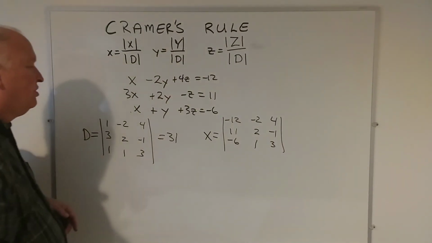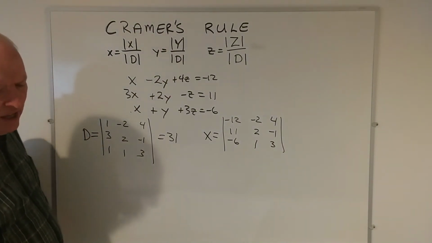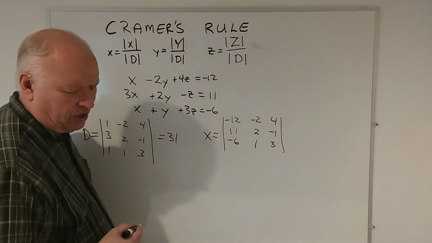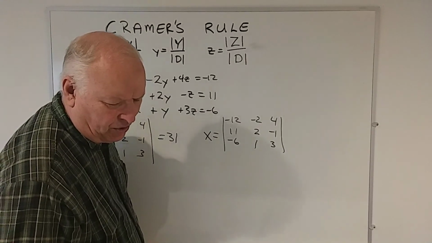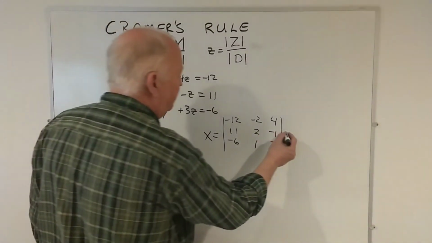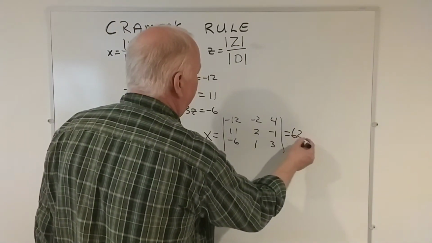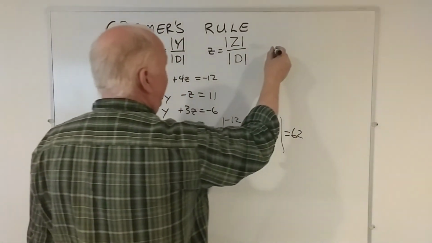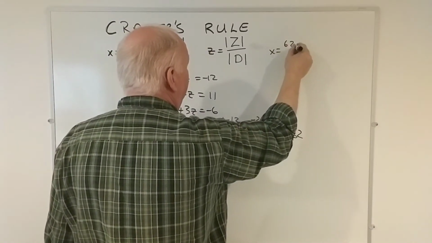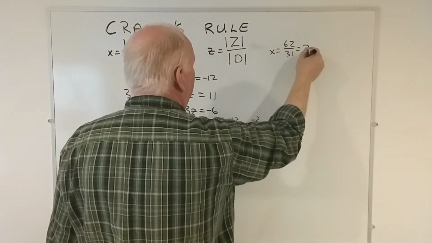Okay, so you see that? And when you do this calculation, it comes out that the determinant of this matrix is 62. So you can already see that X will equal 62 over 31, which is 2.